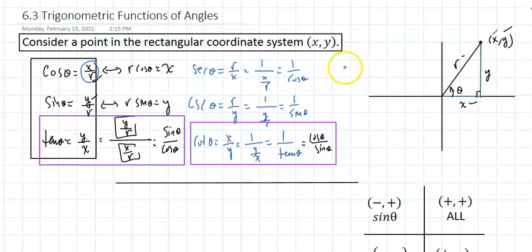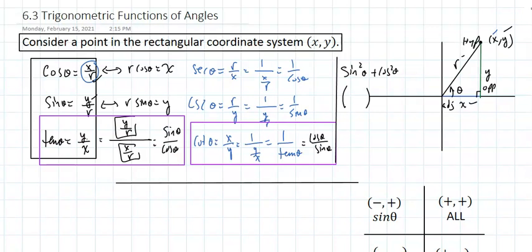If I take the sine squared of theta, and I add it to the cosine squared of theta. Sine squared of theta, according to this triangle, this is the opposite, this is the adjacent, this is the hypotenuse. So hypotenuse is the radius, or the distance from the origin to the point.